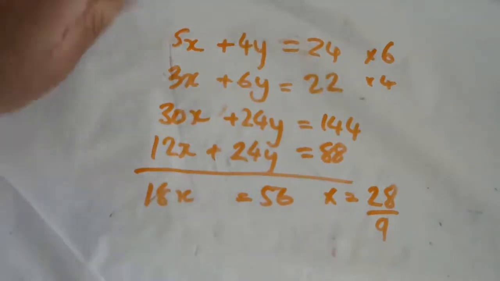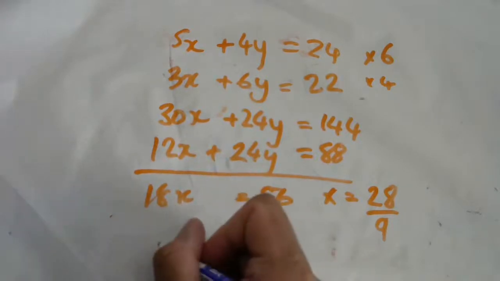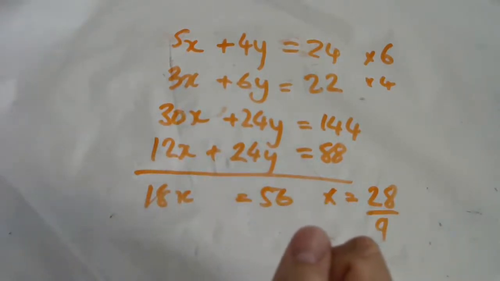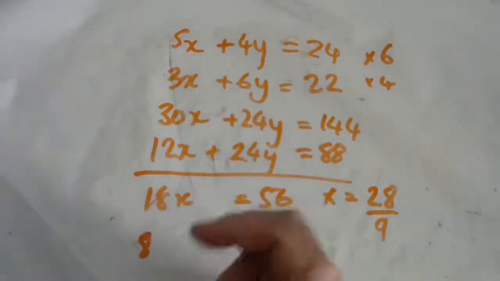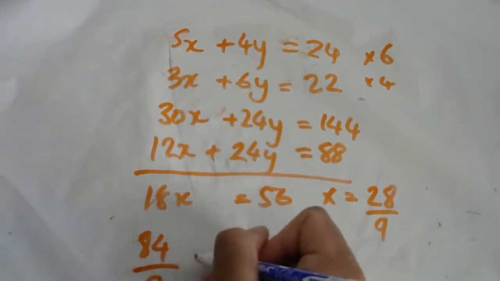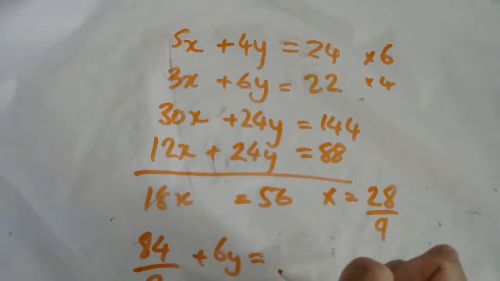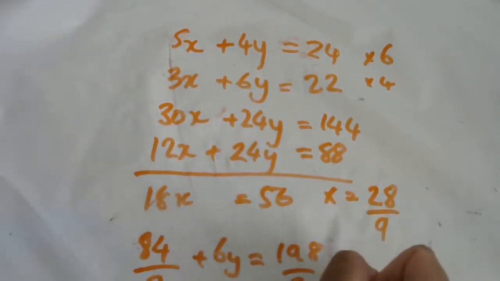Now what we're going to do is we're going to put it into the easier of the two equations, which is the 3x one. That'll give you 3 times 28 over 9, which is what? It would be 84. So that's 84 over 9 plus 6y equals 22. 22 times 9, 20 times 9 is 180, so 198 over 9.